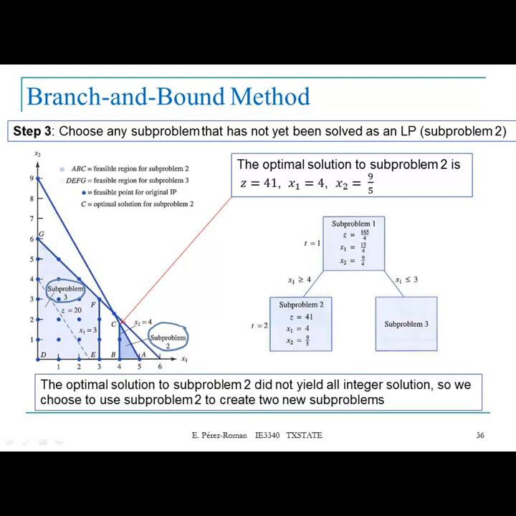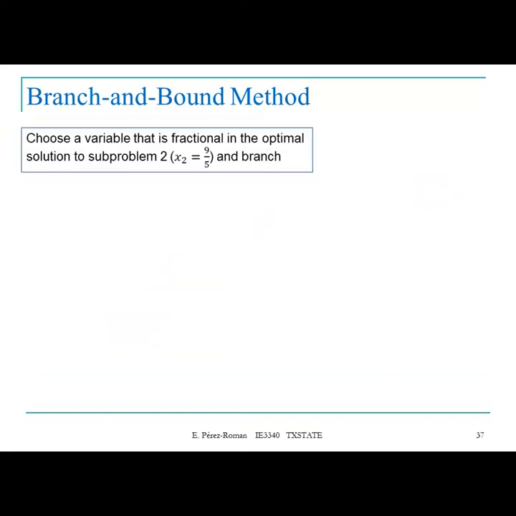Okay. So the optimal solution to subproblem 2 did not yield all integer solutions, so we choose to use subproblem 2 to create two new subproblems. You see that you still have a fractional value here, so you can repeat the process, add two constraints here, and have two additional branches. So choose the variable that is fractional in the optimal solution to subproblem 2 and branch.